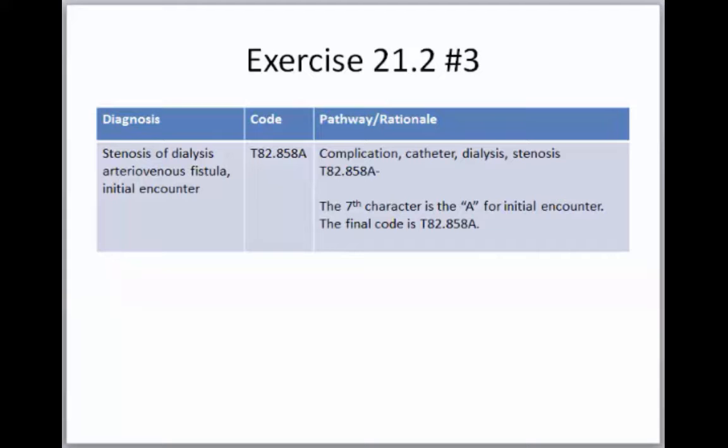So it's another example of how you really have to get very familiar with your code book and read above and below any given main term to be sure you have chosen the most specific code you can find to describe a given situation.